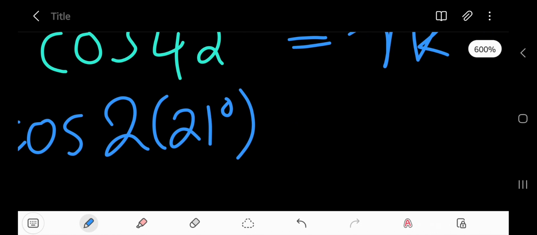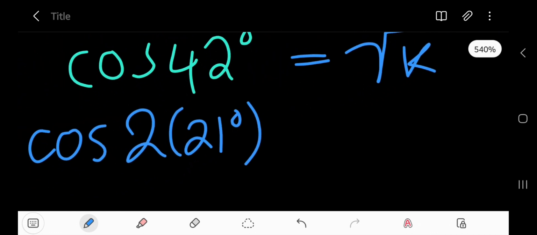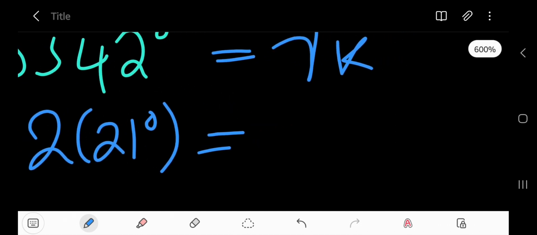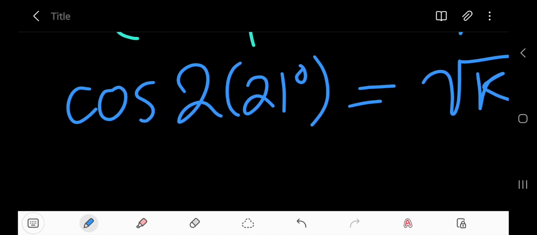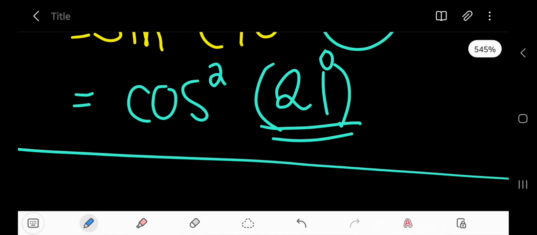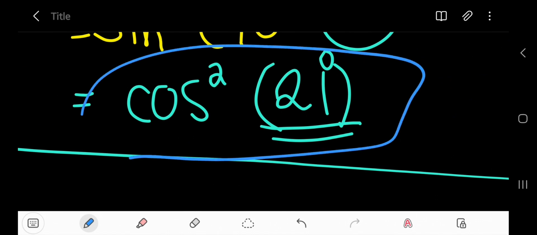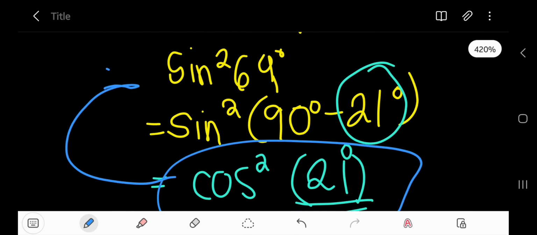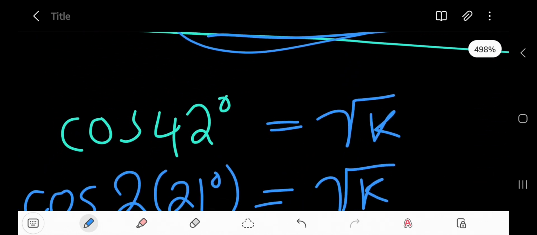So it's cos 2 times 21, which still equals the square root of k. But here we've just found out that cos squared 21 is what we're looking for, because it's equal to sine squared 69.